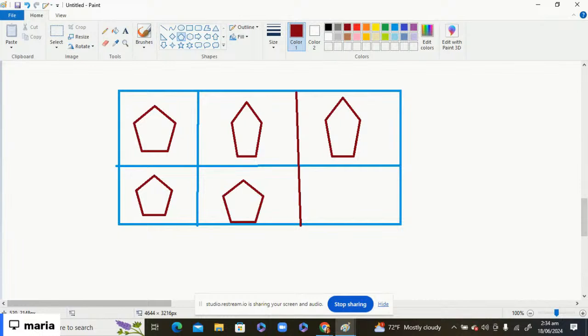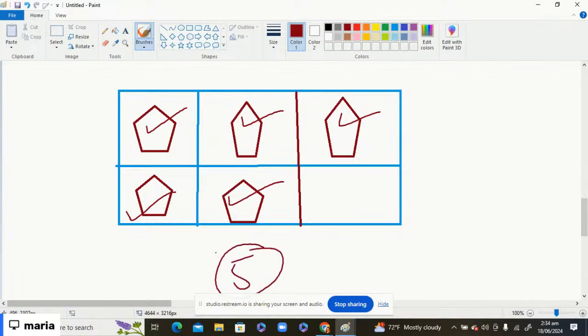When I count, it's five. Is it five? Yes, let's check. It's one, two, three, four, and five. Yes, the total are five.